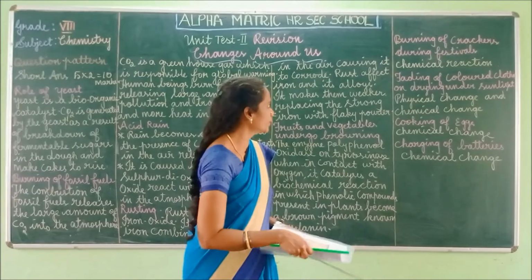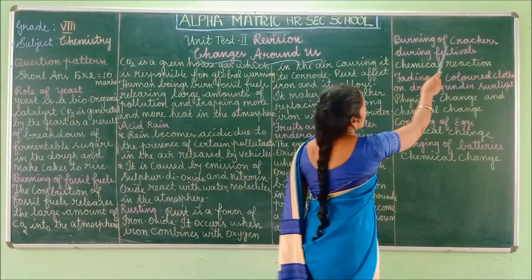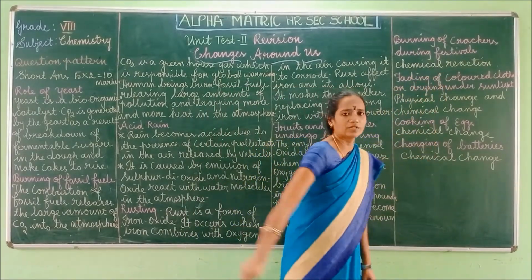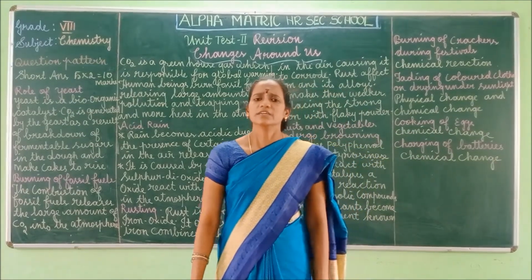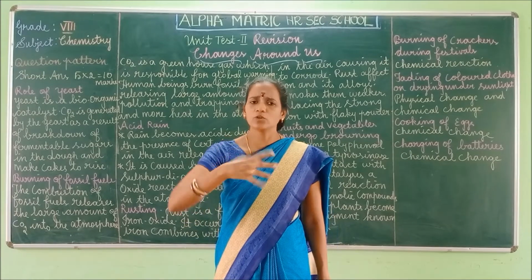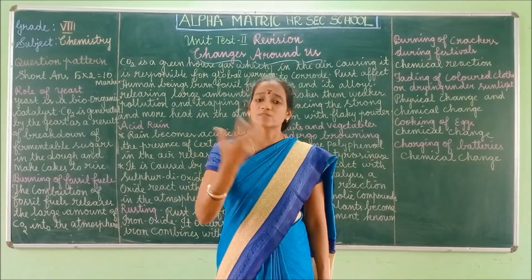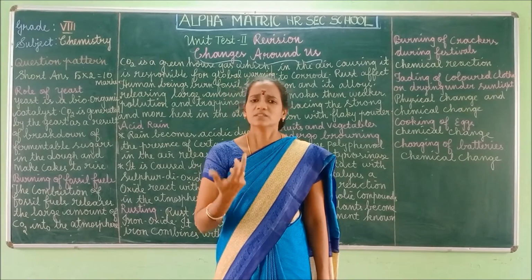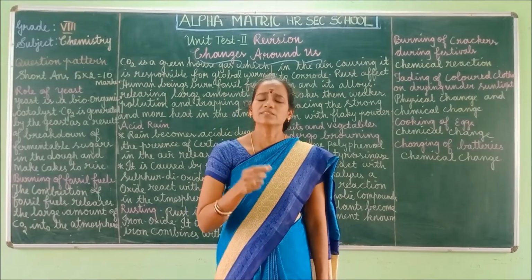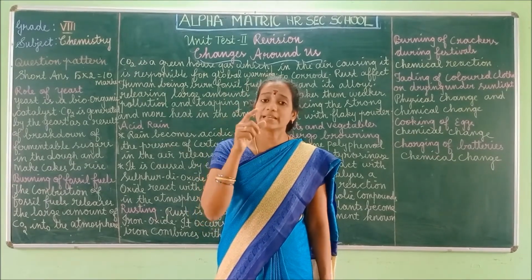For example, first one, burning of crackers during festivals. If you burn crackers, it will just explode with heat as well as light also produced. This is nothing but chemical substances which are present in the crackers.